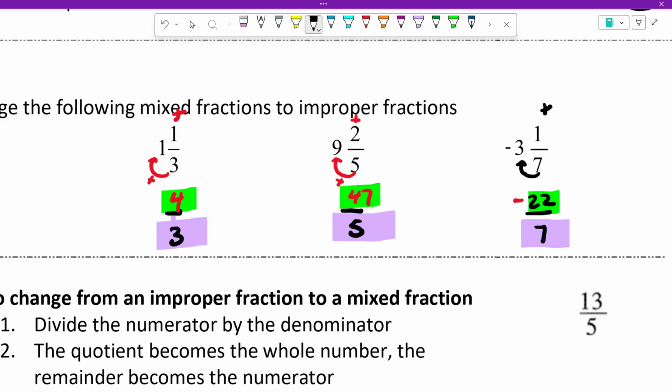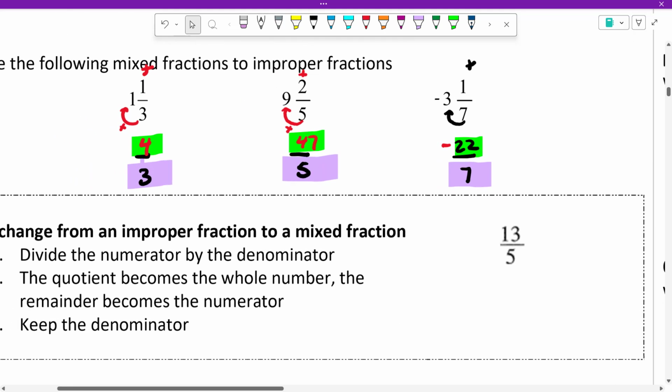All right. Okay. So that's usually the easier way. But you do need to go backwards as well. So if you have an improper fraction like this, and improper means the top number is bigger than the bottom number, how do you go back to this mixed version? So for example, over here, how do you go back and forth?